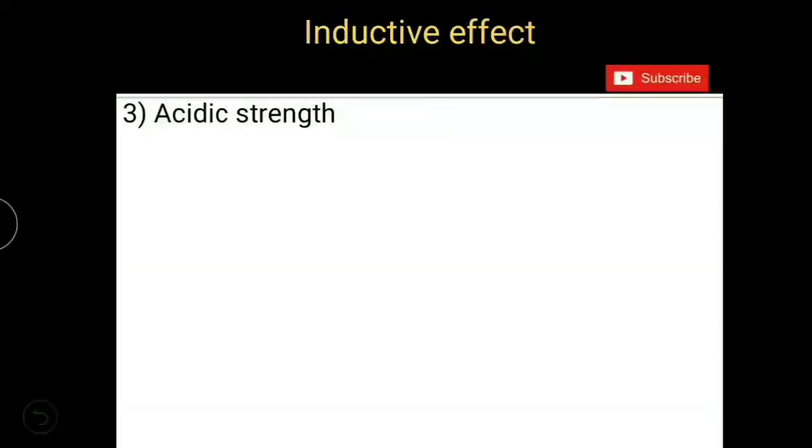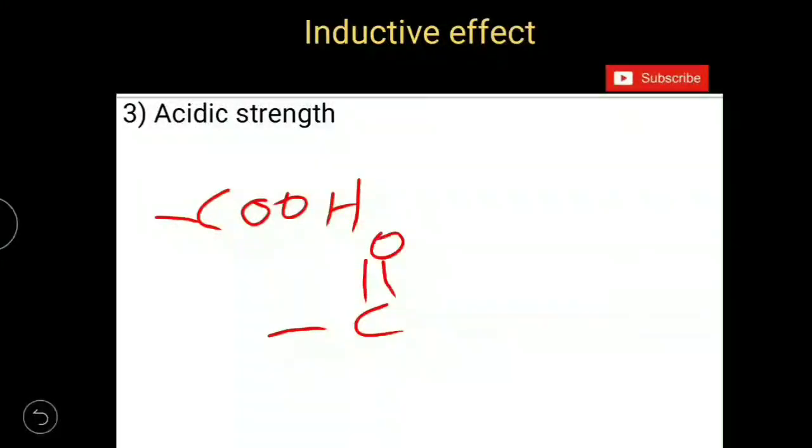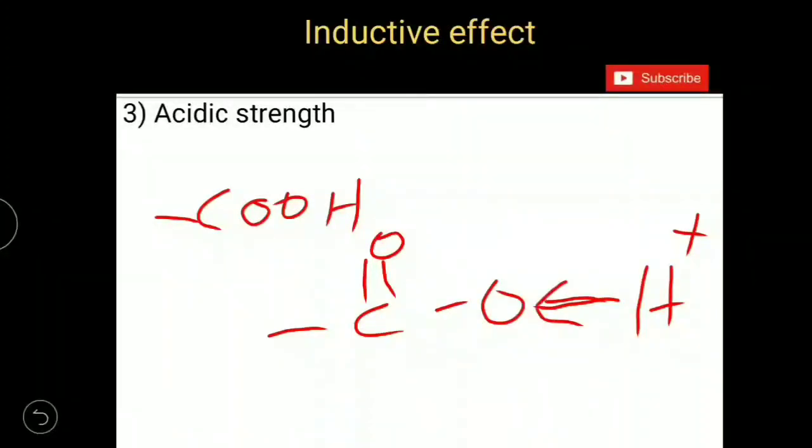Inductive effect influences acidic strength. Acid is that substance which releases H plus ions. Let us take a carboxylic acid, COOH group. In this group, the hydrogen atom is bonded to oxygen, and this hydrogen can become H plus ion if the electron pair present between oxygen and hydrogen moves towards the oxygen and away from the hydrogen atom.